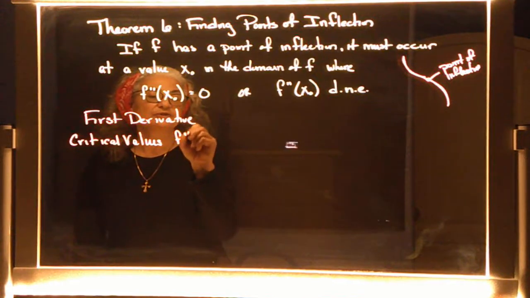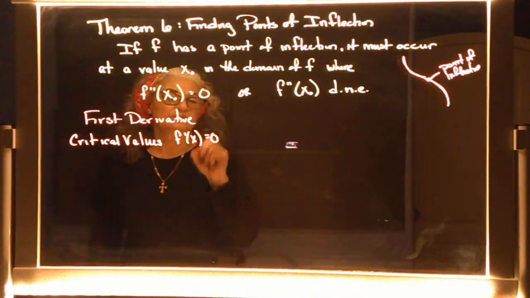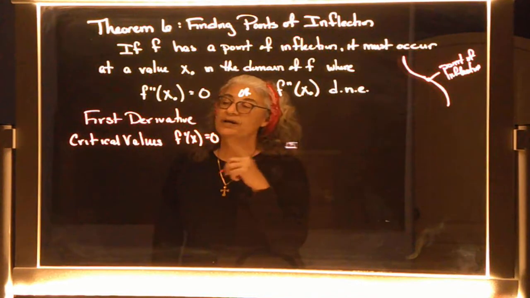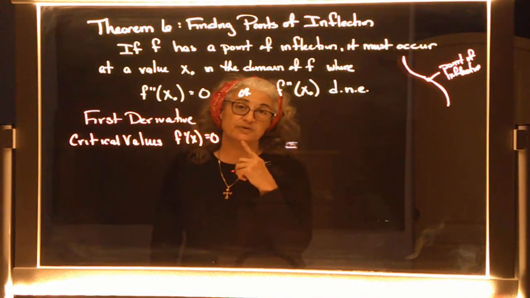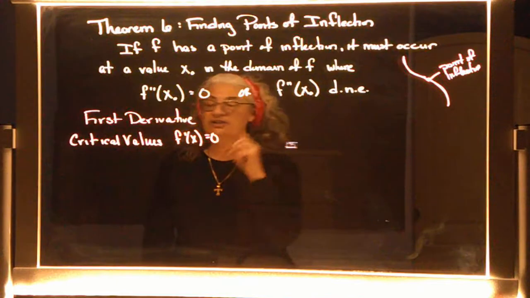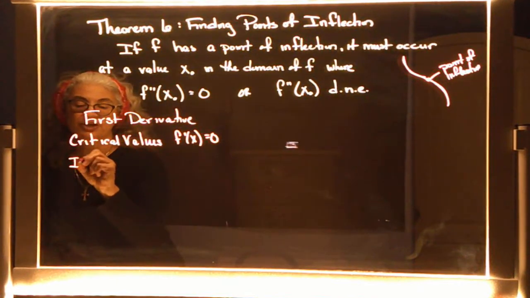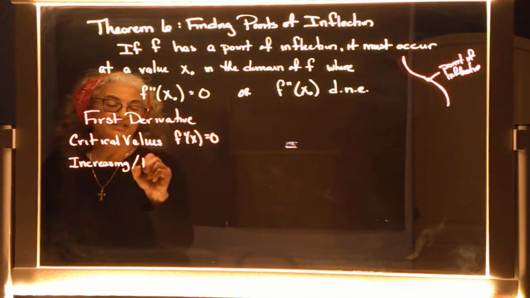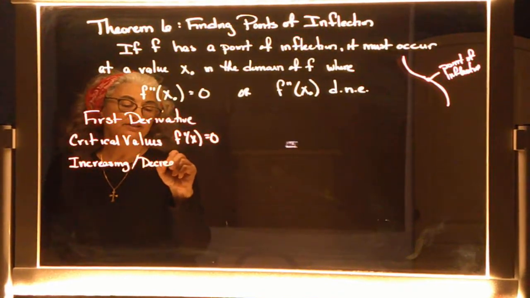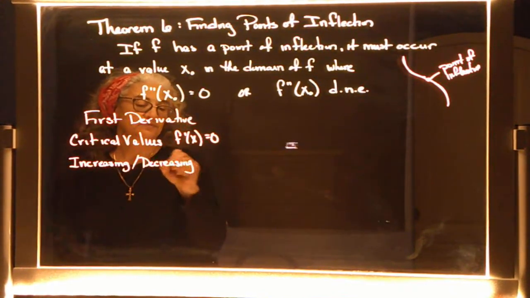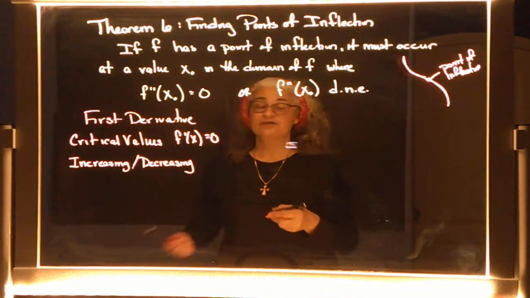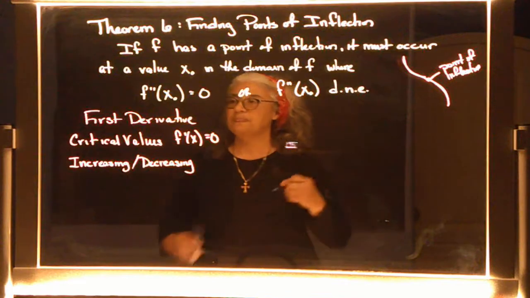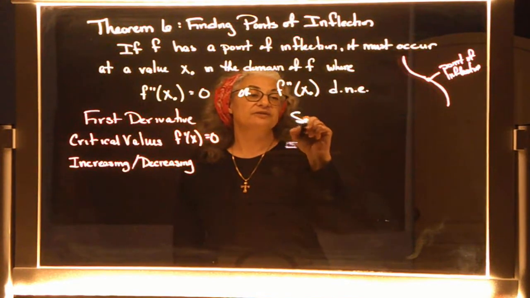When I take the first derivative and I set it equal to 0, that helps me find a critical value, doesn't it? What else does the first derivative help me find? Good. It also helps me find where functions are increasing or decreasing, correct? Okay, and based on that, I can find relative mins and maxes. Agreed? All right.